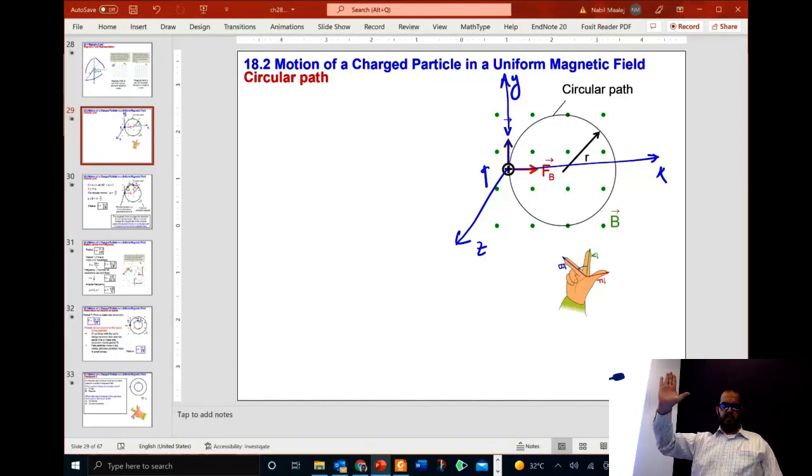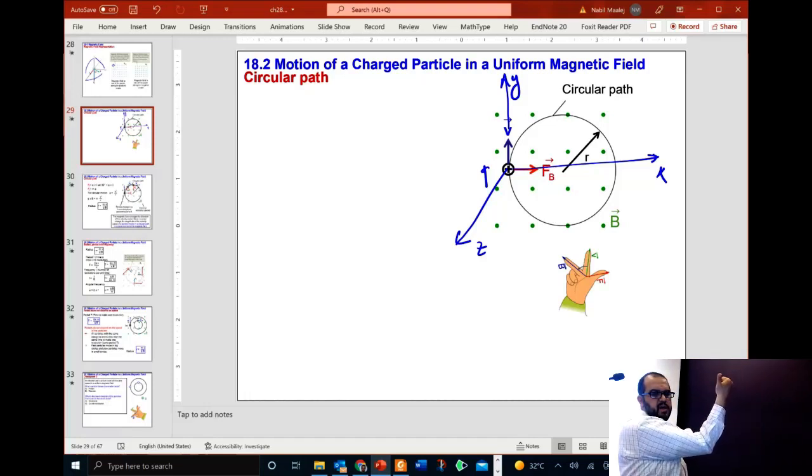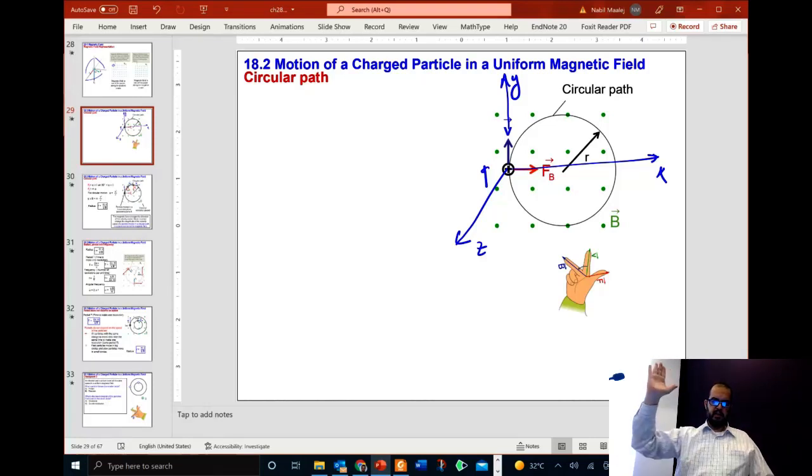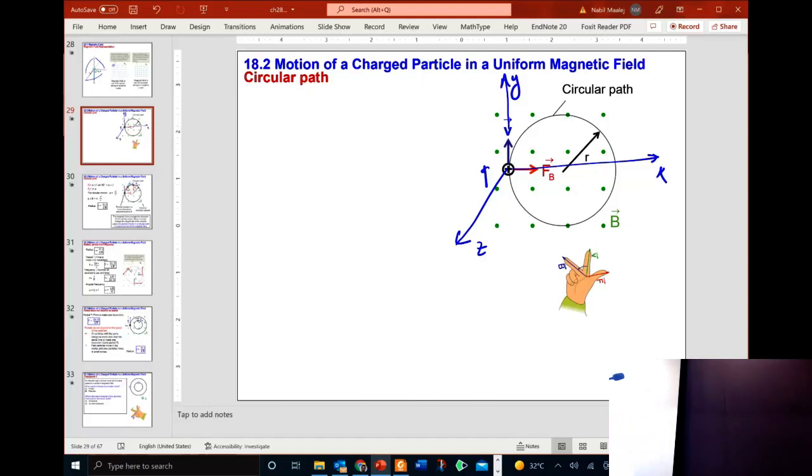This is a positive charge, so I bring V into B. Let me use the fingers instead. V is going up, and B is coming out of the page. The force is pointing along the thumb, so the force is in this direction. This is the force here.